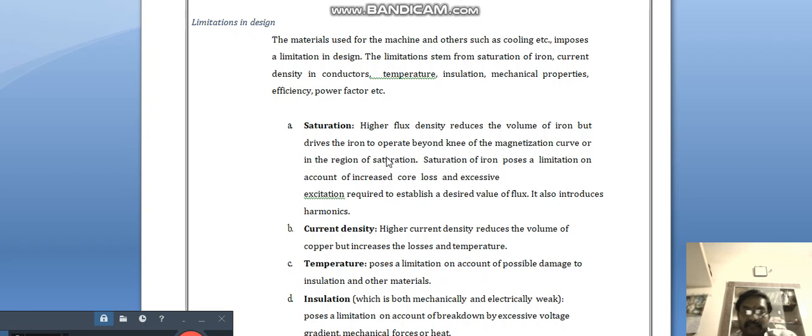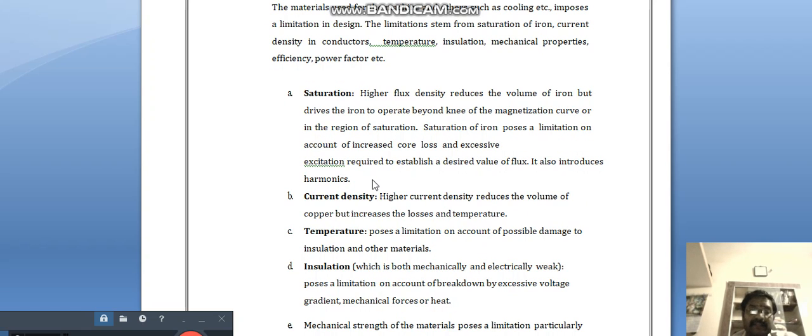Same way, higher flux density reduces the volume of iron but drives the iron to operate beyond the knee of the magnetization curve or in the region of saturation. Saturation of iron imposes limitations on account of increased core loss and excessive excitation required to establish a desired value of flux. It also introduces harmonics.